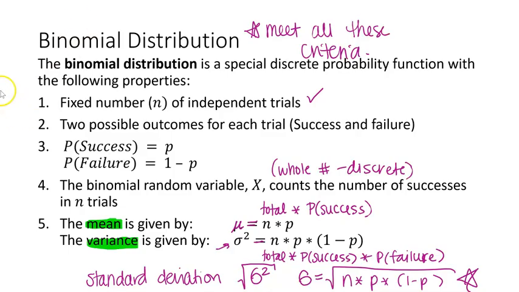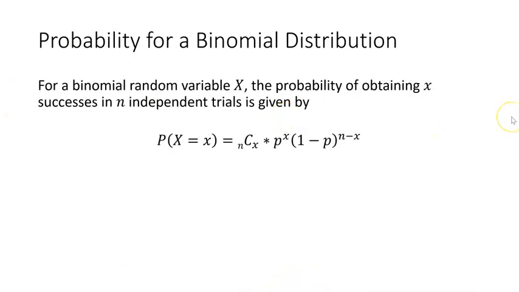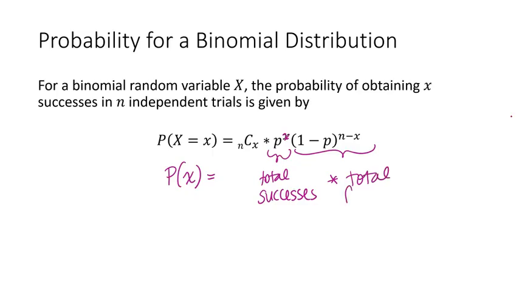If you meet those criteria, then the probability of a certain number of successes, the probability of whatever X we're going to use, is our combinations formula, n choose X, times the probability of success to the X times the probability of failure to the total minus X. This gives you your total successes times my total failures.